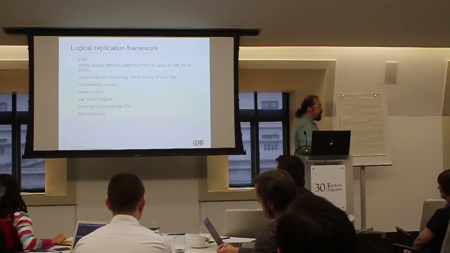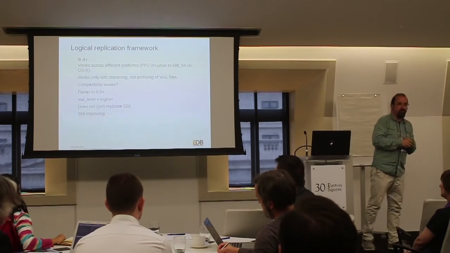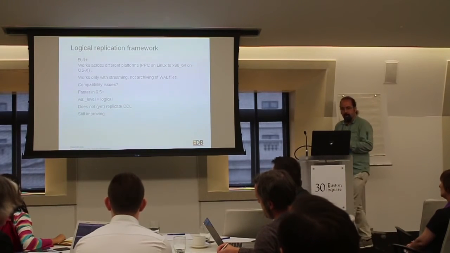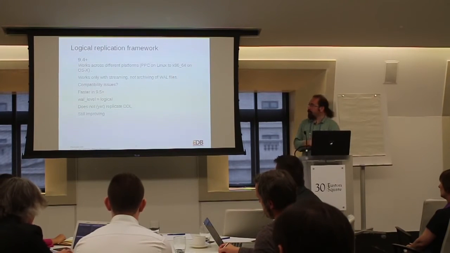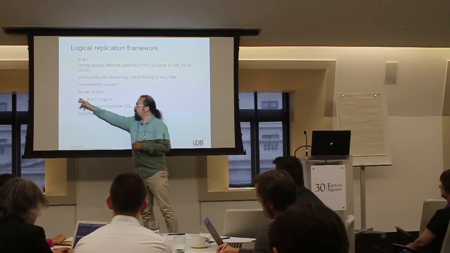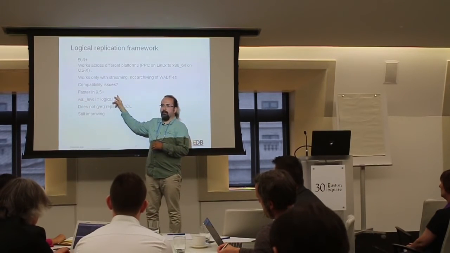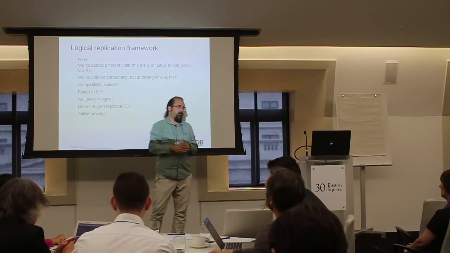Okay, so this is also a general problem for the other replication solutions as well. The major difference is that we have to change the WAL level to logical. Okay, this is something new which was added in 9.4.